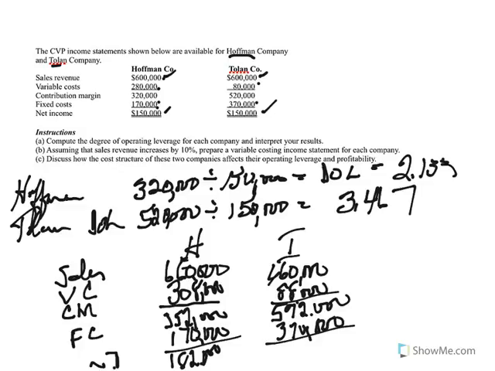However, for Tolan, it increases up to $202,000. So it's gone from $150 to $202, an increase of $52,000. The profit increased by $52,000 when sales increased by 10%, but for Hoffman, the profits only increased $32,000. That is because Tolan has a higher degree of operating leverage because it has more fixed cost in its makeup.